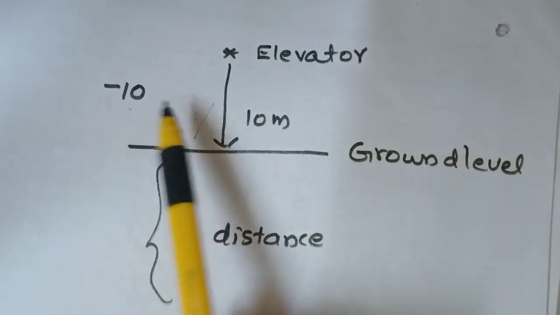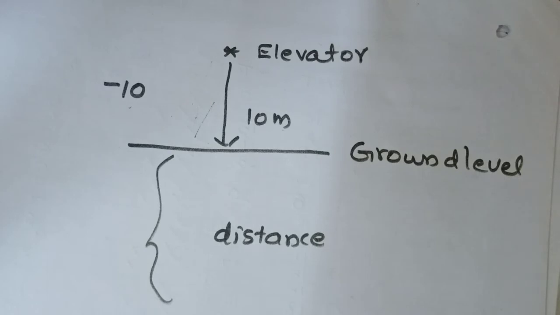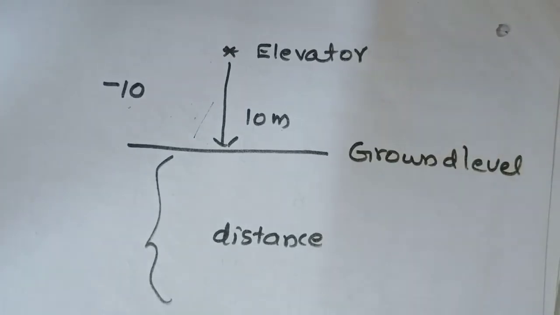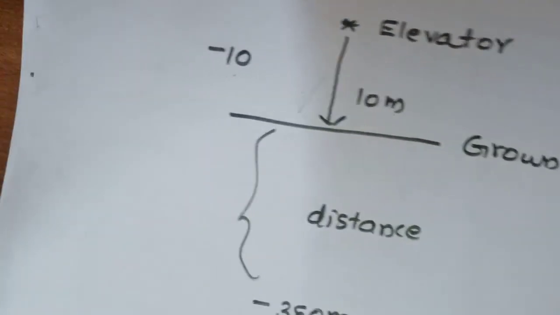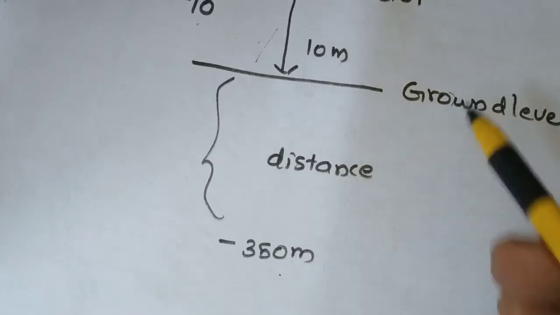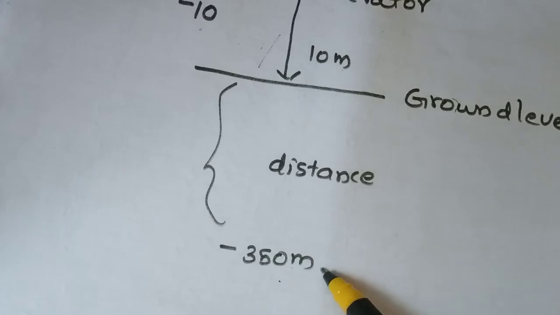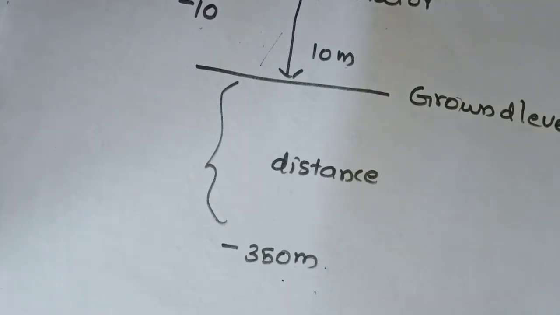So it is negative 10. And we want to find the time taken to reach negative 350. So again it wants to move 350 meters below ground level. So here negative 10 and negative 350, so the total distance is negative 360.